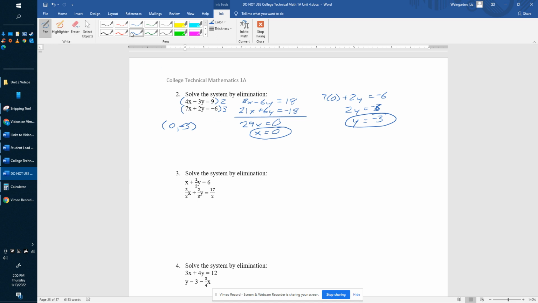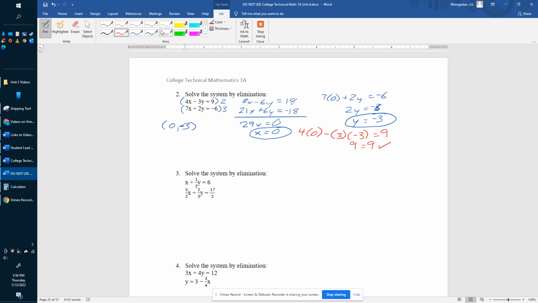Negative 3. So we'll check our solution. We'll plug it into the first one. 4 times 0 minus 3 times negative 3 equals 9. Negative 3 times negative 3 does equal 9, so 9 equals 9.